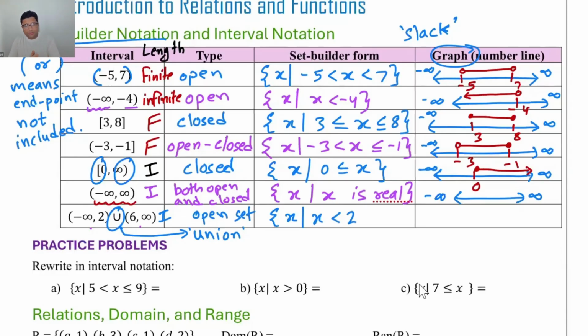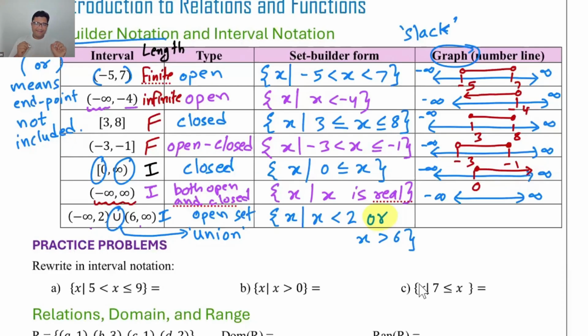Then you also want to include the numbers more than 6, right? You say, or x is greater than 6. That word is very important, okay? So I'm going to highlight here so you won't forget. X is less than 2 or x is greater than 6.